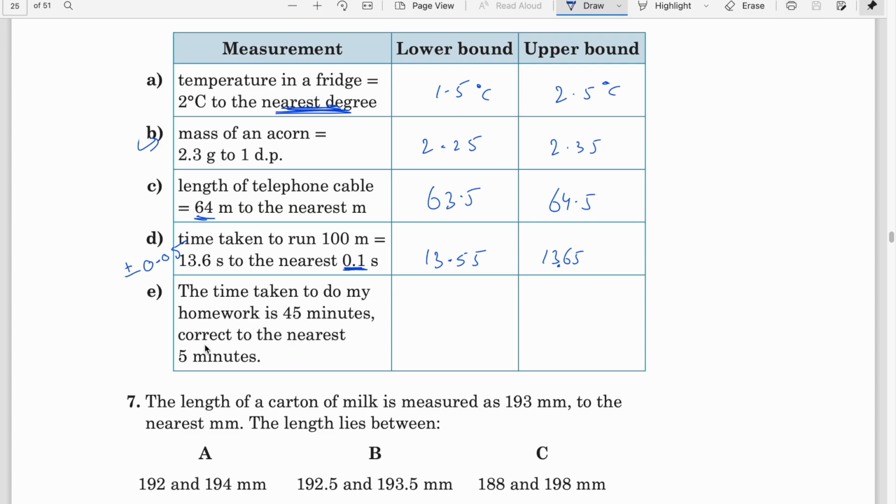The time taken to do my homework is 45 minutes, correct to the nearest 5 minutes. Upper and lower bound. Very good. 47.5 and 42.5. First we are adding and subtracting 2.5.